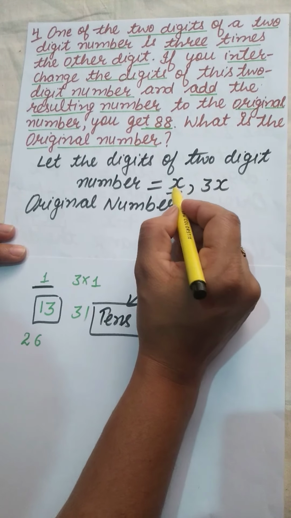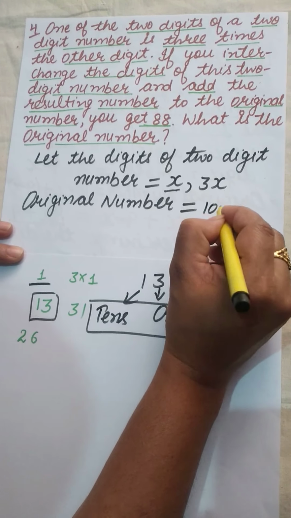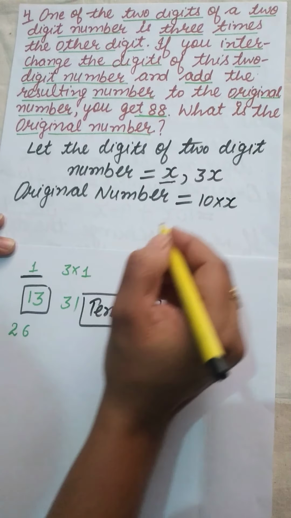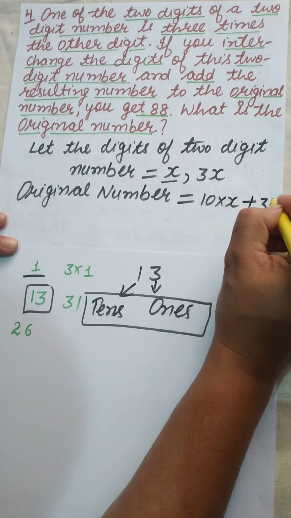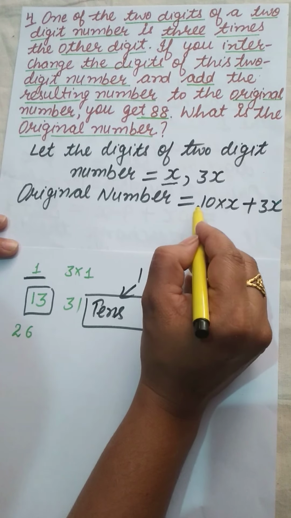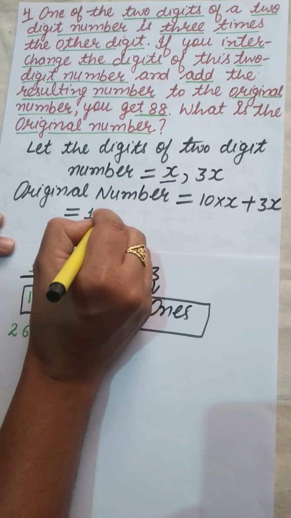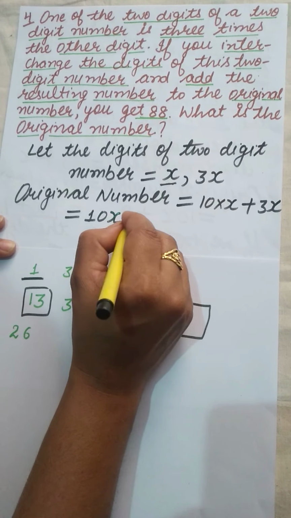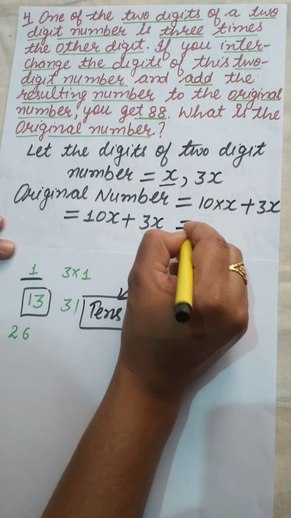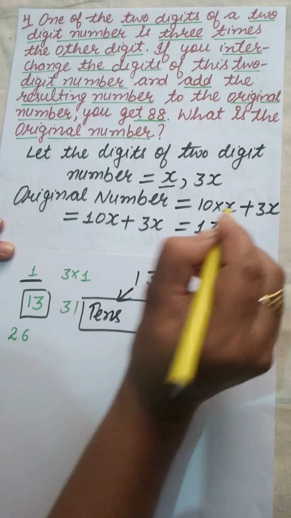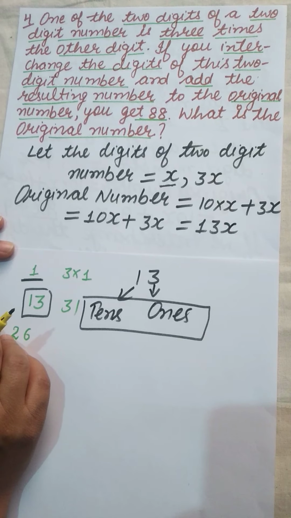Here I am taking x on the 10's place and 3x on the 1's place. So 10 multiplied by x plus 3x is equal to 13x, the original number.